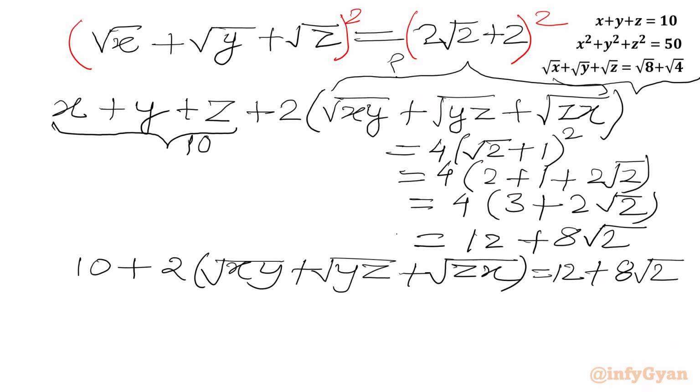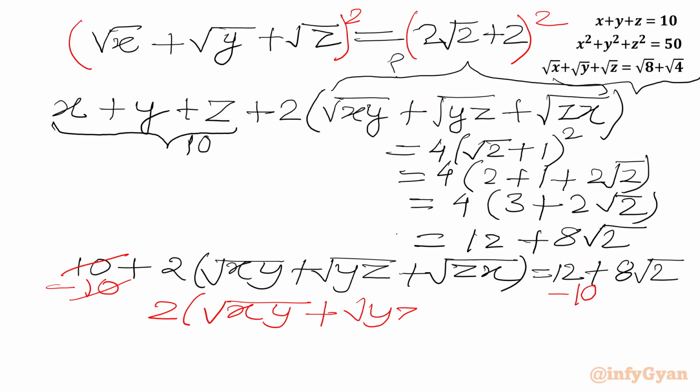We'll subtract 10 from both the sides. So we can cancel here plus 10 minus 10, and here I will write minus 10. So the equation can be written as 2 times (square root xy plus square root yz plus square root zx) will be equal to 12 minus 10, 2 plus 8 square root 2.